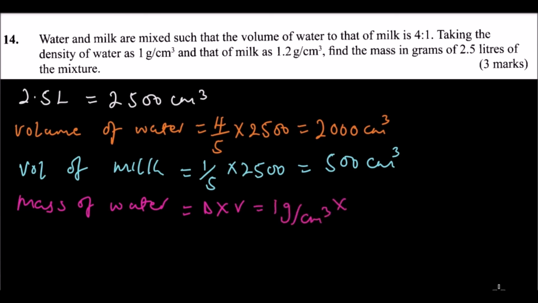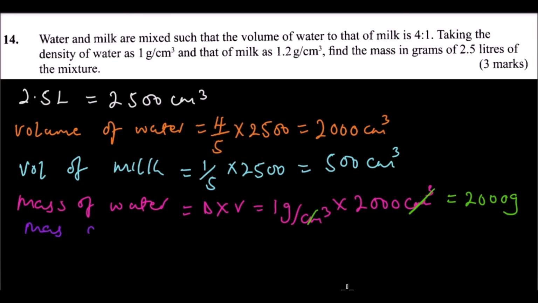You multiply by the volume, which we have found is 2000 centimeter cube. You find that this centimeter cube and that centimeter cube cancel. So the mass is 2000 grams.